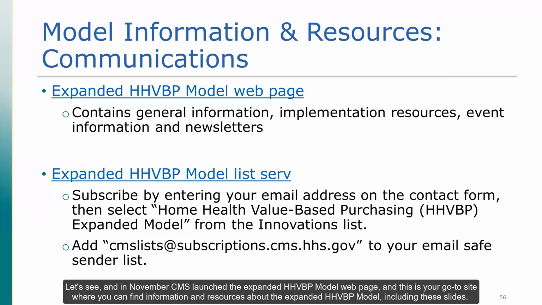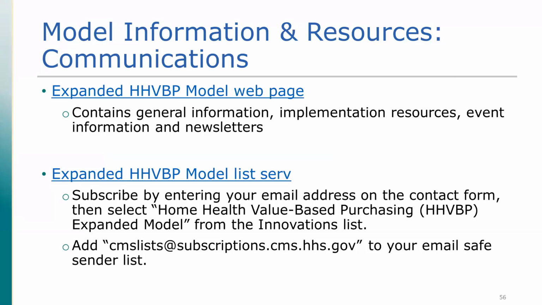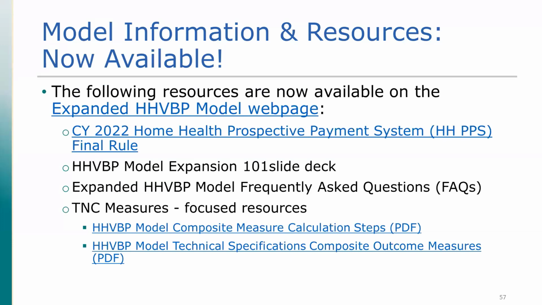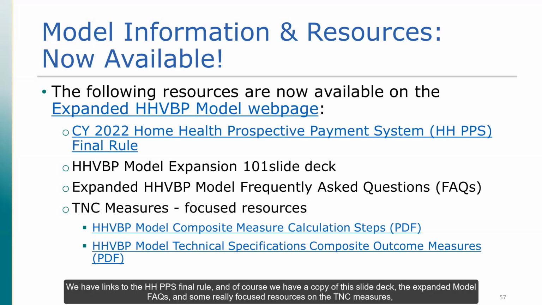Let's see, and in November, CMS launched the expanded HHVBP model webpage, and this is your go-to site where you can find information and resources about the expanded HHVBP model, including these slides. You can also stay informed by subscribing to the expanded HHVBP model listserv. And the following resources are already available on the expanded model webpage.